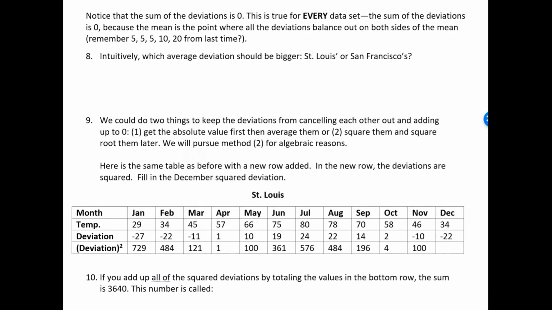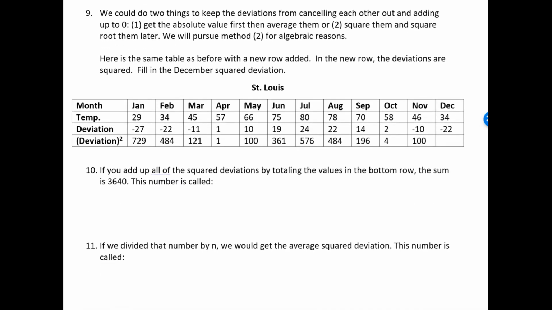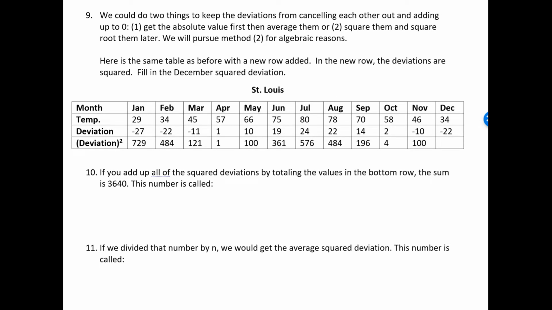Now, there are a couple things that we could do to keep the deviations from canceling each other out and always adding up to zero. So, one, we could get the absolute value first and then average them, right? So instead of having any negatives, we turn all the negatives into positives, add them up, and then find the average of that.